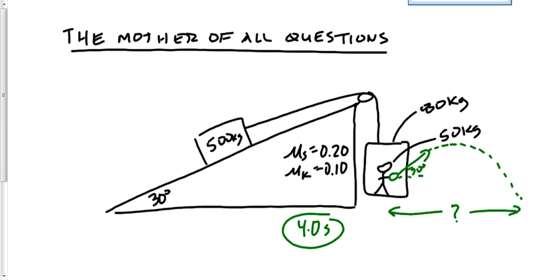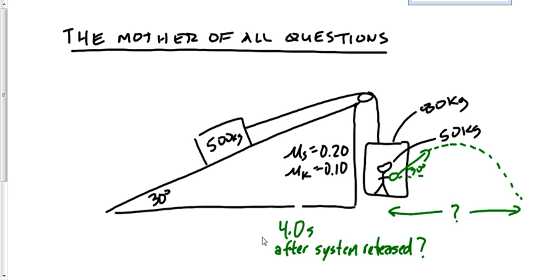The person, after the system is released, 4 seconds after the system is released, the ball is thrown at an angle of 30 degrees, with a velocity, I missed that actually, that's important, with a velocity of 20 meters per second.